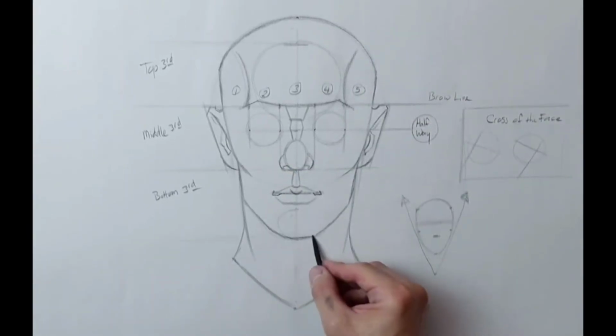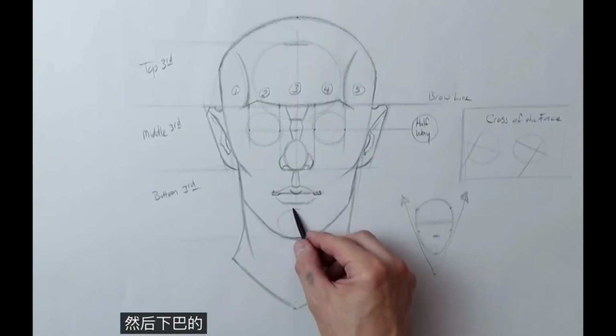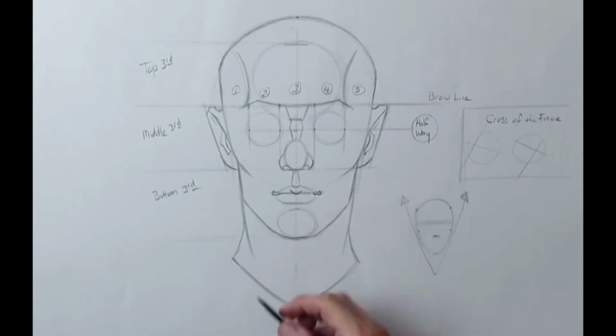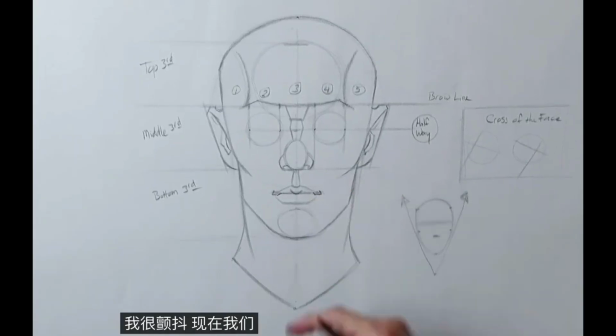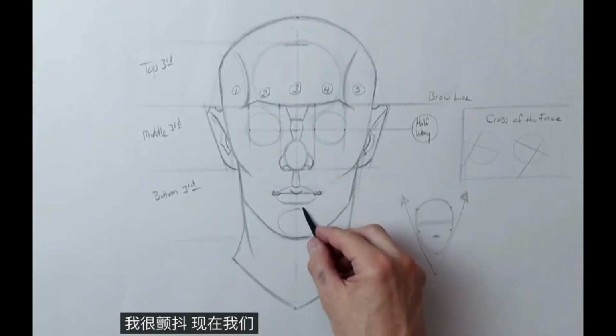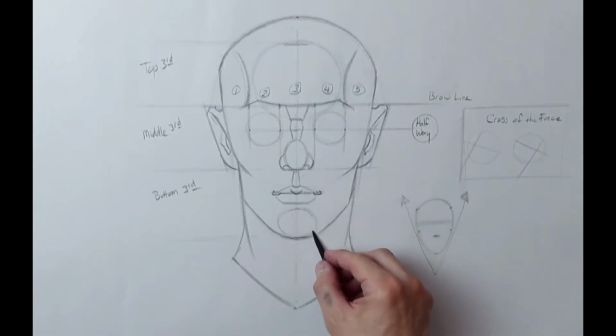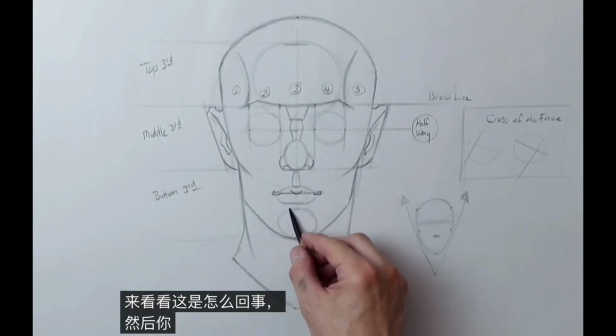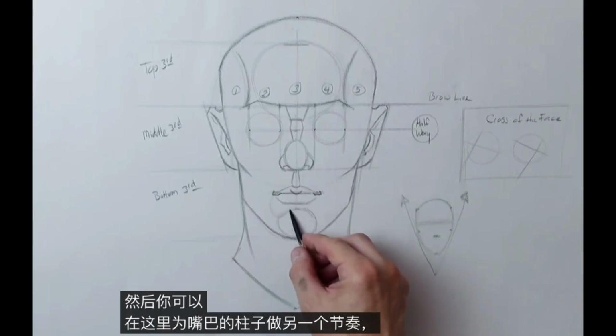And then the rhythm of the chin. I'm pretty shaky right now. What's up with that? Let's see. And then you can do another rhythm right here for the column of the mouth.